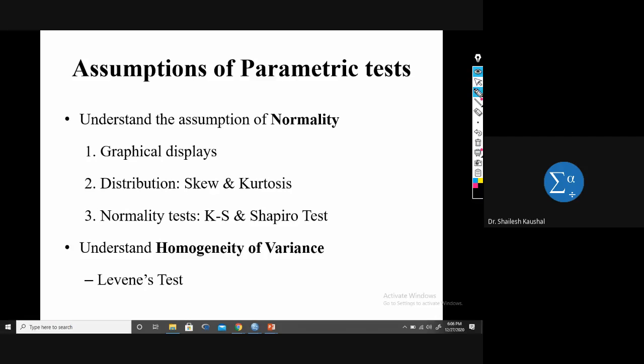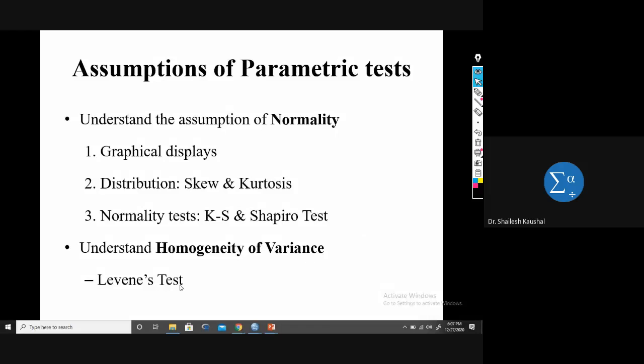And second is homogeneity. Homogeneity means the dispersion of the data across the groups, means two or more groups. The variance should be constant. And homogeneity we can find through the Levene test. So generally when we write a research paper or thesis, we give two values.